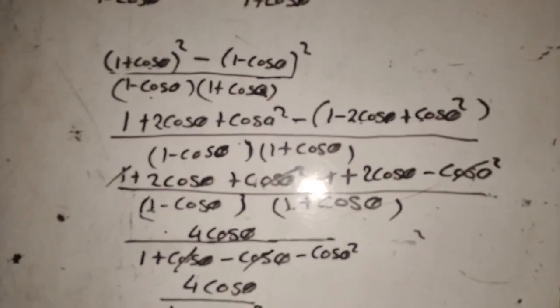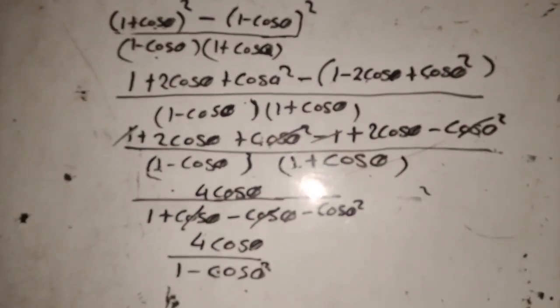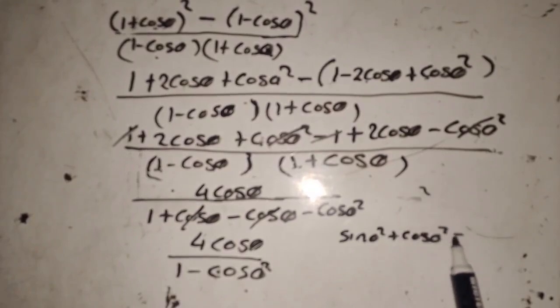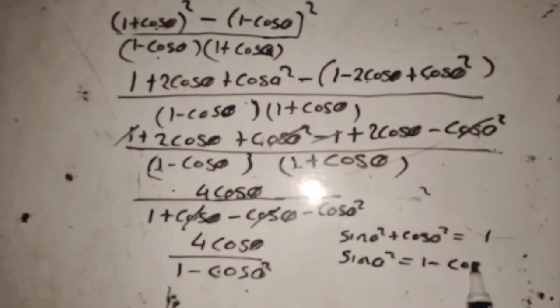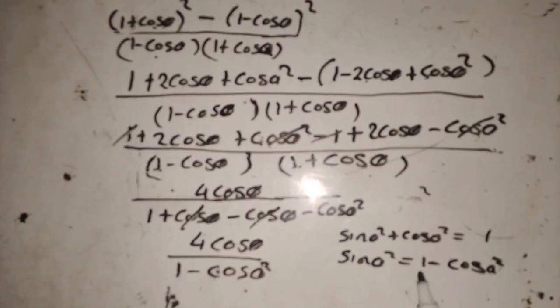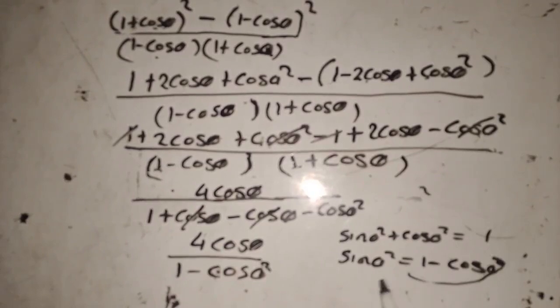This looks familiar, because we know that sin theta squared plus cos theta squared is equal to 1. When we make sin theta squared the subject, sin theta squared is equal to 1 minus cos theta squared. So where there's 1 minus cos theta squared, you should know that it's sin theta squared.